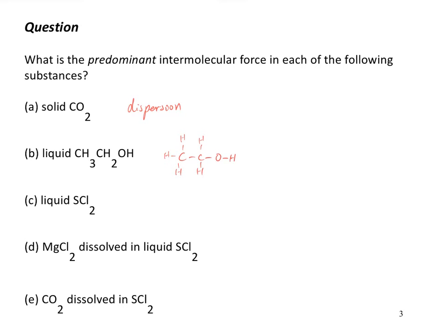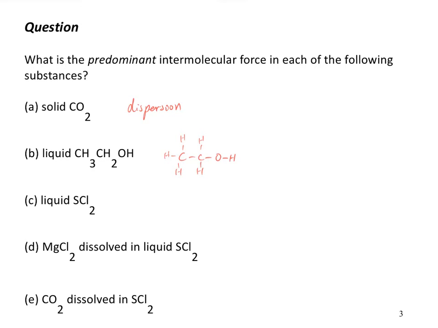So we should get a sense that this is a polar molecule. There's no ion here, therefore there's no ion involved interactions. And this is a polar molecule. There's a dipole moment. As a polar molecule, yes, we have dipole interactions.